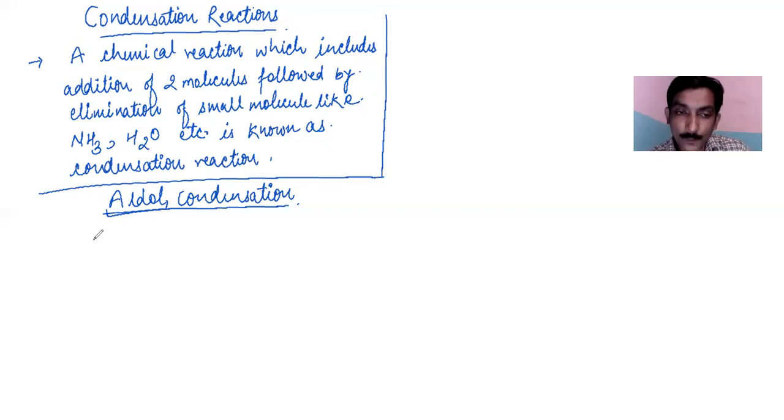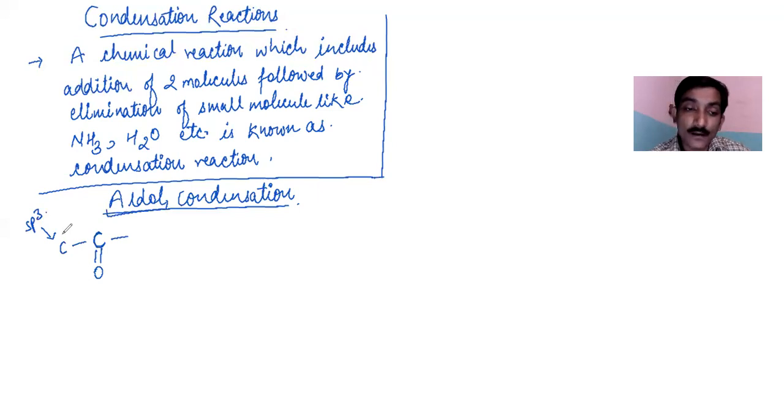Here, any carbonyl group, that is aldehyde or a ketone, having alpha hydrogen. What is alpha hydrogen? Here, this carbonyl carbon is bonded to some sp3 hybrid carbon directly.